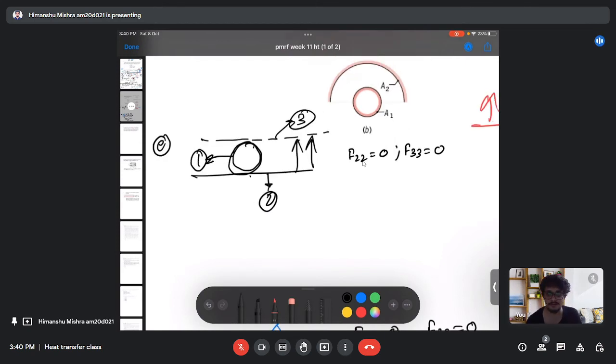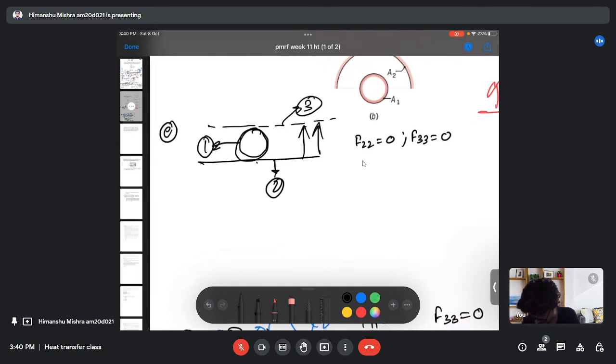And the same goes for surface 3. So again, we can see that the radiation emitted by surface 1 will reach surface 2, and the same amount of radiation will reach surface 3 also.